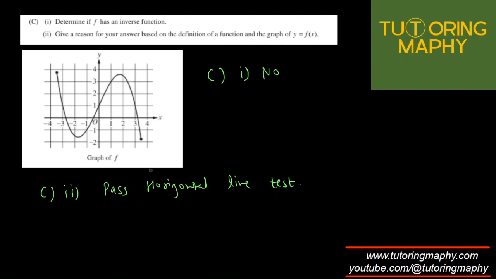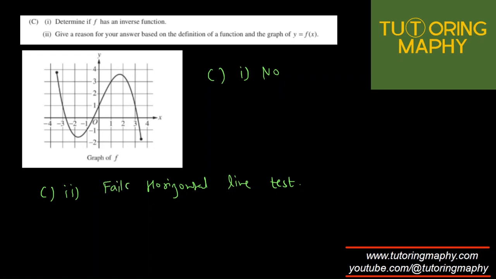So we are giving the definition based on the graph of y equal to f of x. We are saying that it should pass the horizontal line test, or rather, we should say that it fails the horizontal line test.